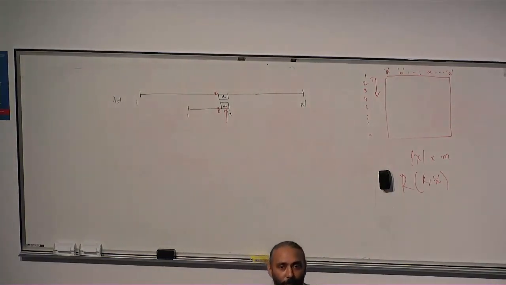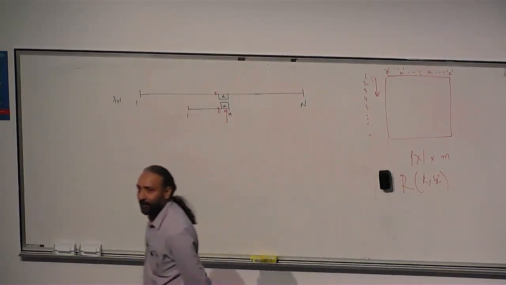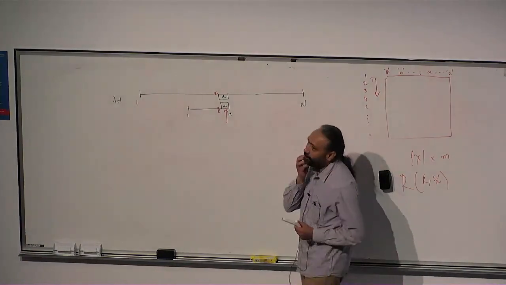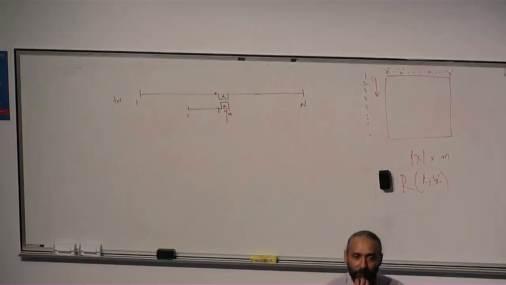Now, what are the scenarios that can happen in any iteration? Can somebody help me with the scenarios this time? Yes, ma'am. Okay, alpha could be of length 0. So if alpha is of length 0, what rule would you have to use?